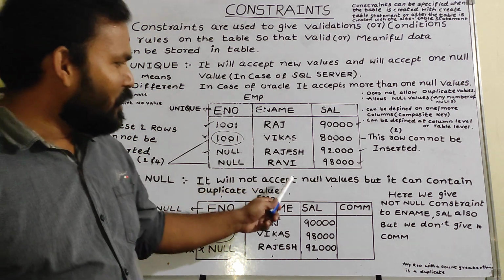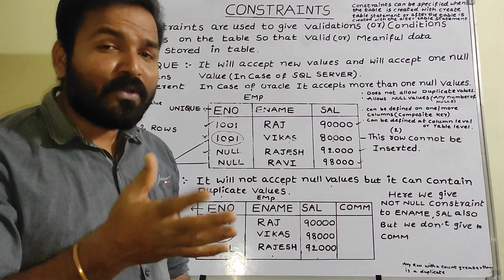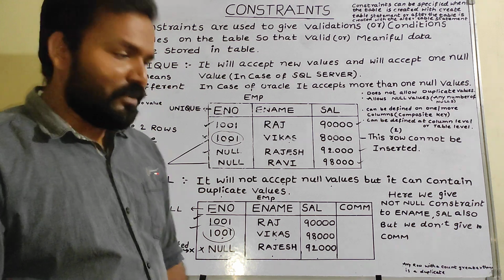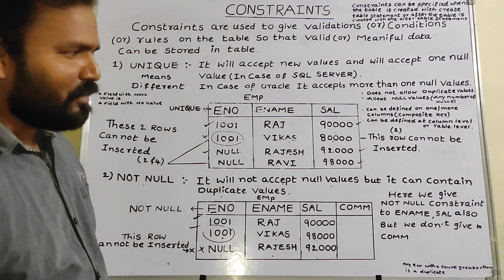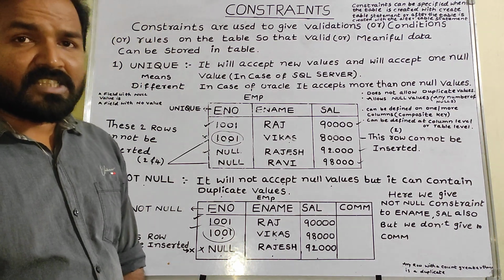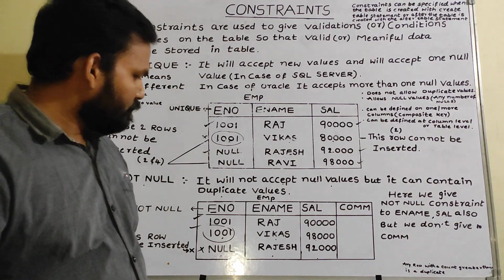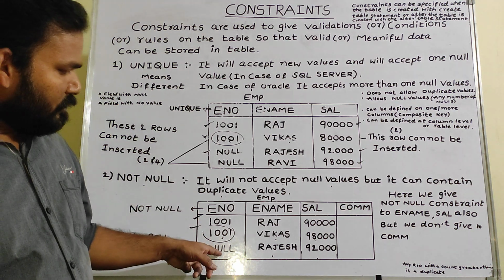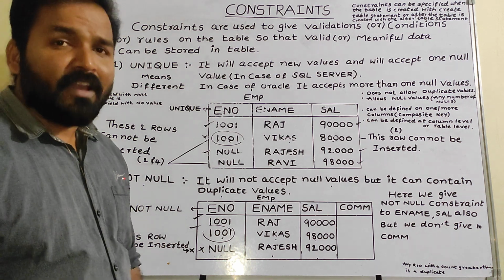It does not allow null values, but it allows duplicate values. So that is about the not null constraint. It ensures that there is no null value.